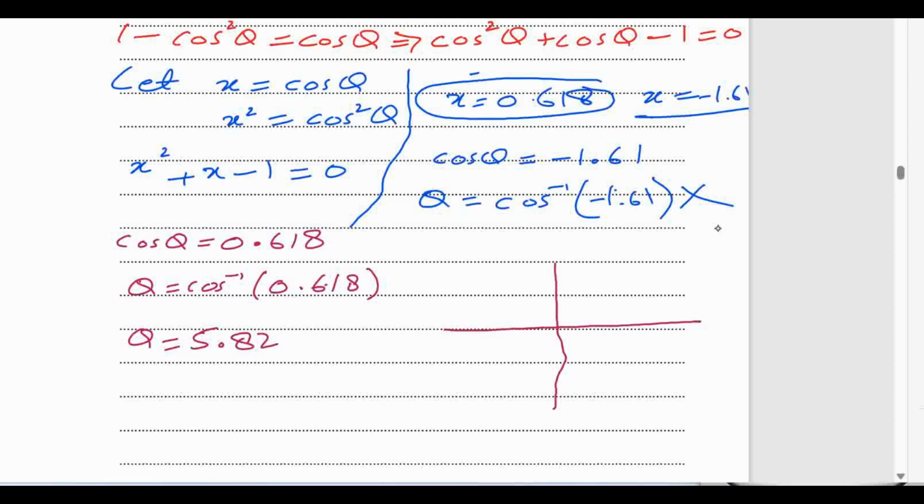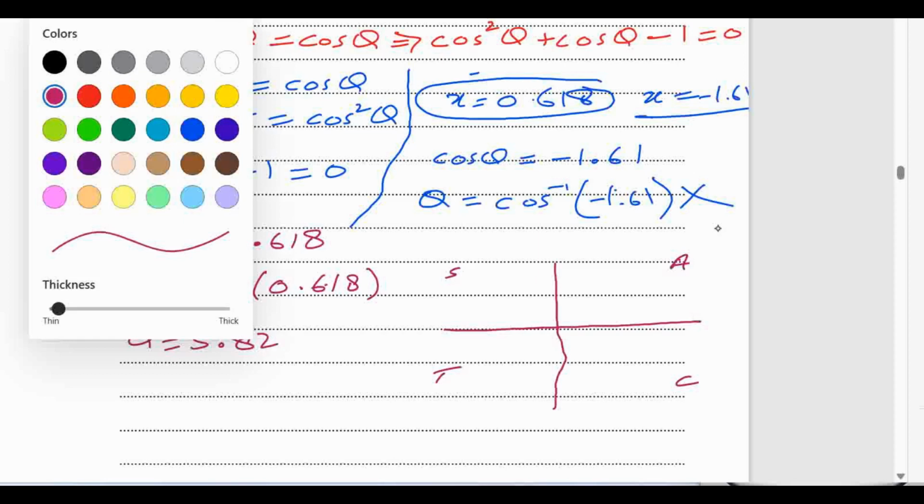Now as we know that from this line we can clearly see that cos theta is positive. So cos will be positive in the first quadrant and in the fourth quadrant.